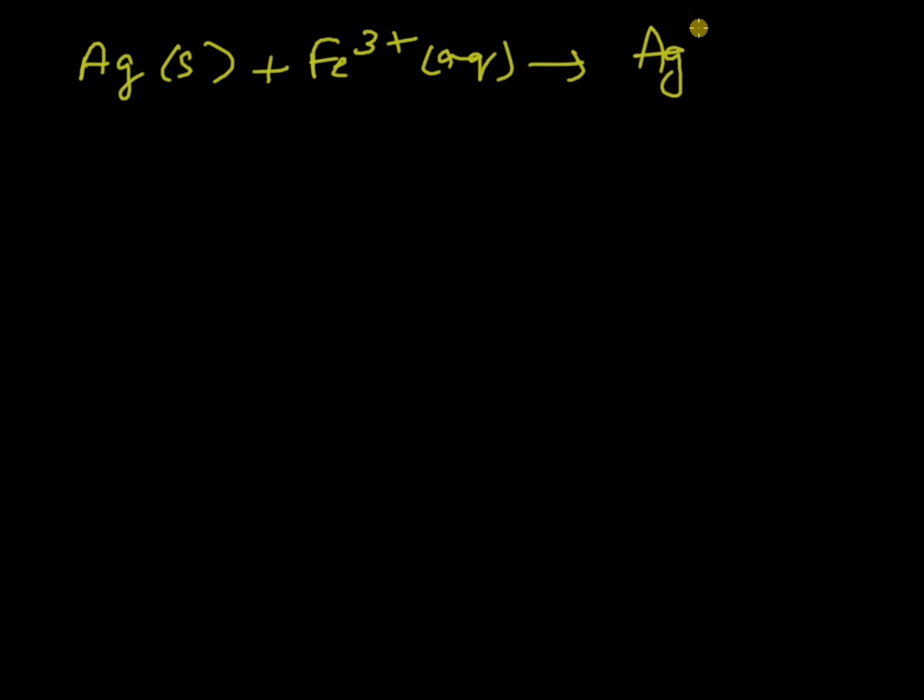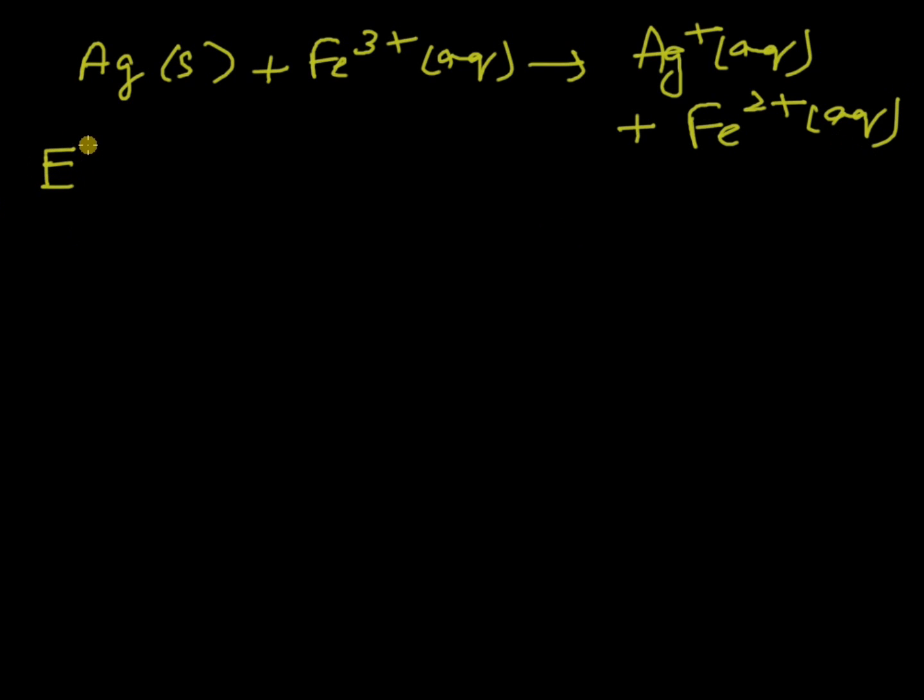In the fourth one, we have to consider a reaction between Ag solid and Fe3+ aqueous. Ag can become Ag+ aqueous by losing an electron, and Fe3+ can gain that electron to form Fe2+ aqueous.